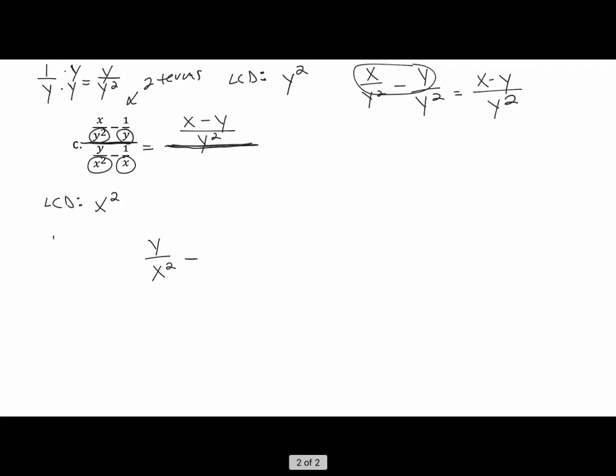But then I need to have that common denominator in the 1 over x. So I need another factor of x, which means that that equivalent expression is going to be x over x squared. So now that those have the same denominator, it stays, and we combine the numerators to simplify that denominator part of this complex fraction.